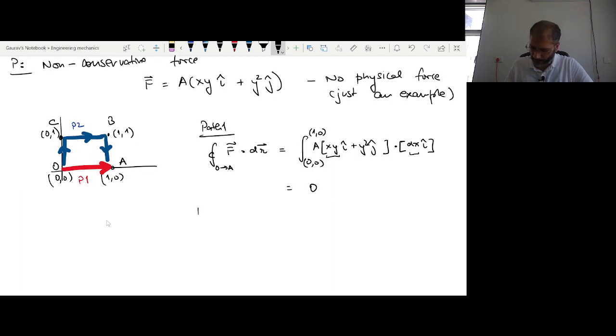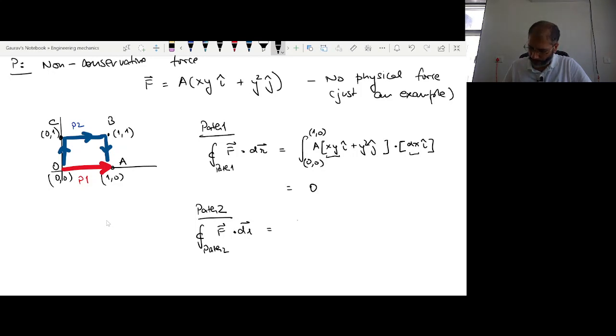Let's take path 2. For path 2, the integral of F dot dr now involves 3 straight line moves, because that's how we define path number 2.